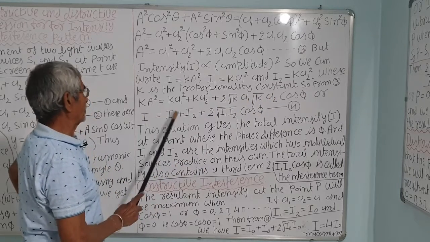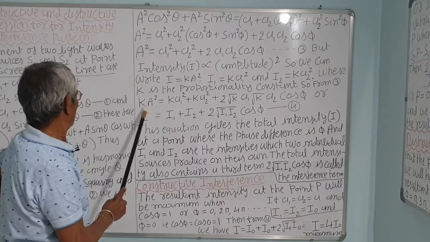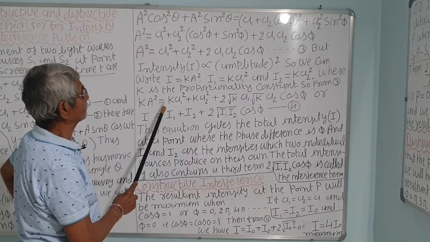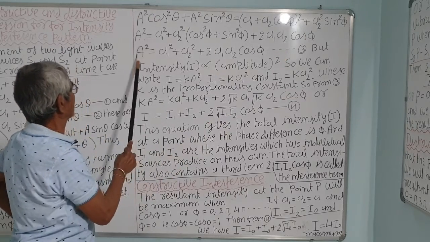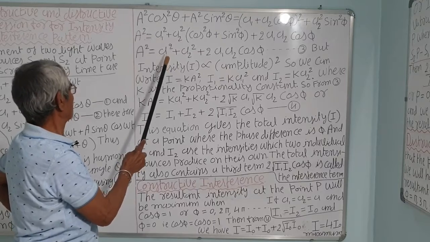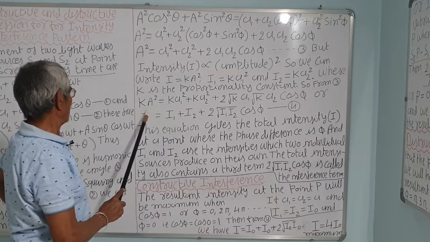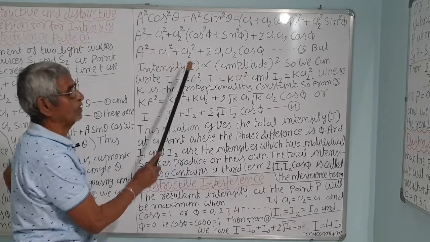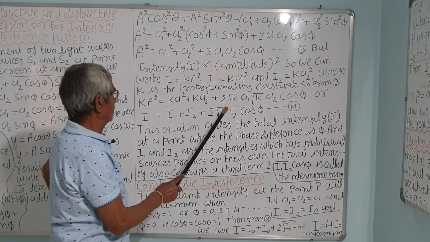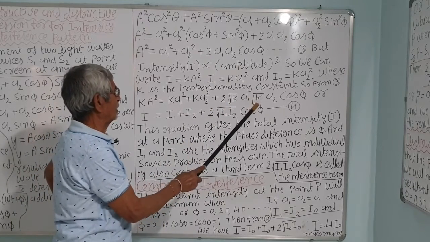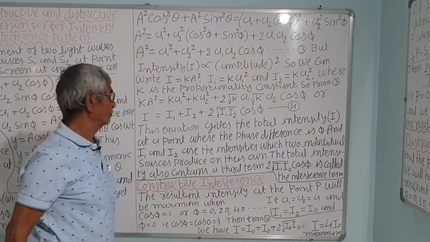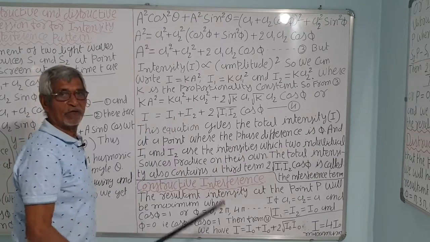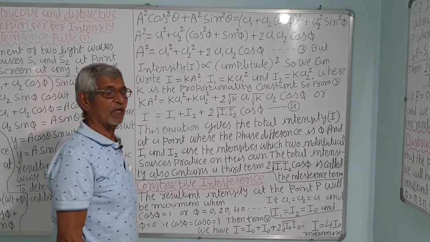Similarly I1 is equal to K a1 square and I2 is equal to K a2 square. So from equation 3, K A square, which is I, is equal to K a1 square plus K a2 square plus 2 root K a1 times root K a2 cos phi. That is, the resultant intensity I is equal to I1 plus I2 plus 2 root I1 I2 cos phi.